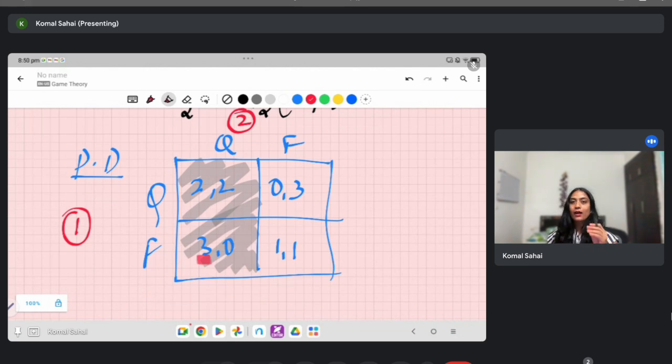You have to underline it, star it, or mark it in whatever way you like. So if player 2 is going to be quiet, my best response is to think, because that gives me a higher payoff.